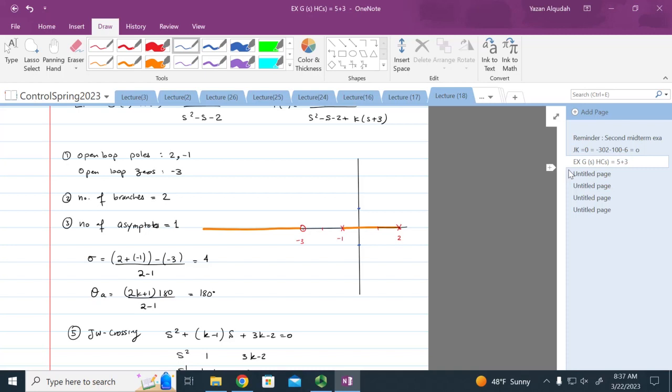We're going to have a breakaway point at negative 0.16, somewhere here, and it's going to come back at negative 6.2, somewhere here, and it's going to look like a circle, something like this. Make sense, everybody?